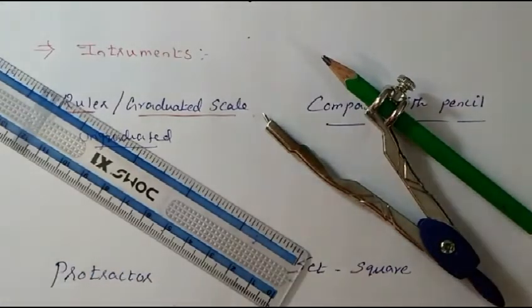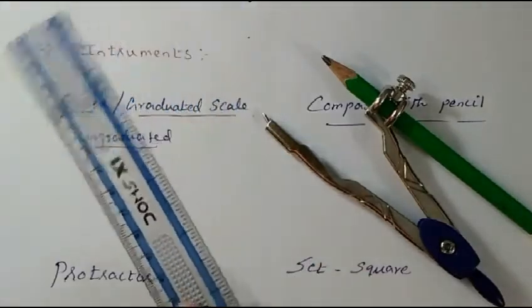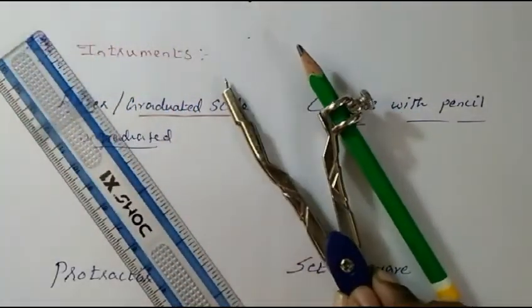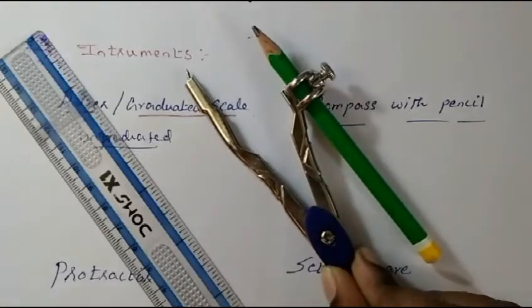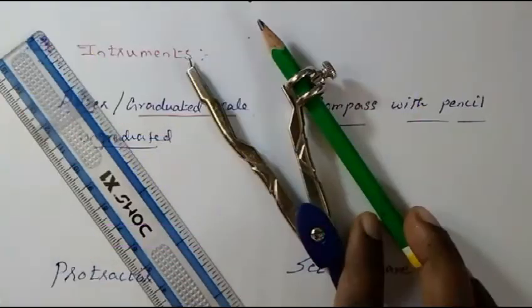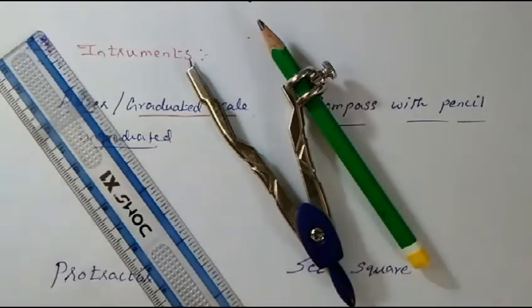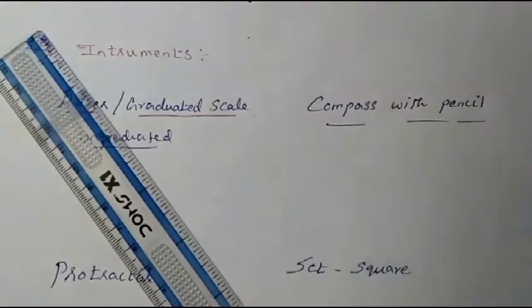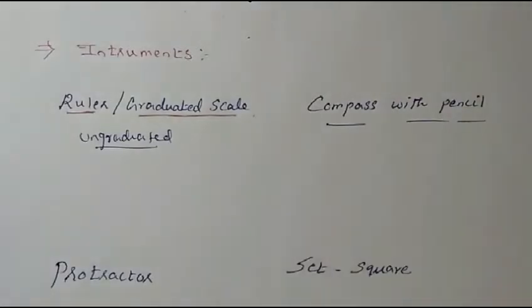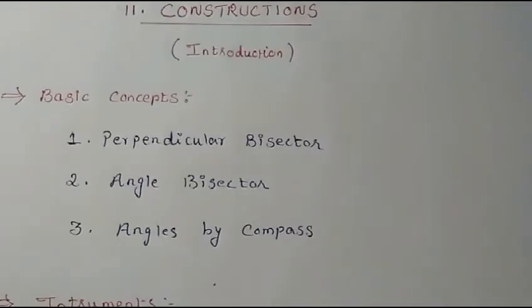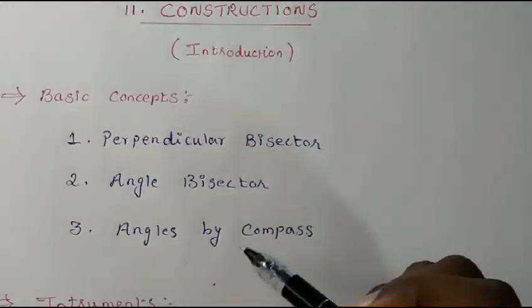You just need a ruler and a compass with pencil. With this we can draw the geometrical constructions. So let's begin now to see one by one. It's very easy. Please concentrate. At the same time, these are the basics.